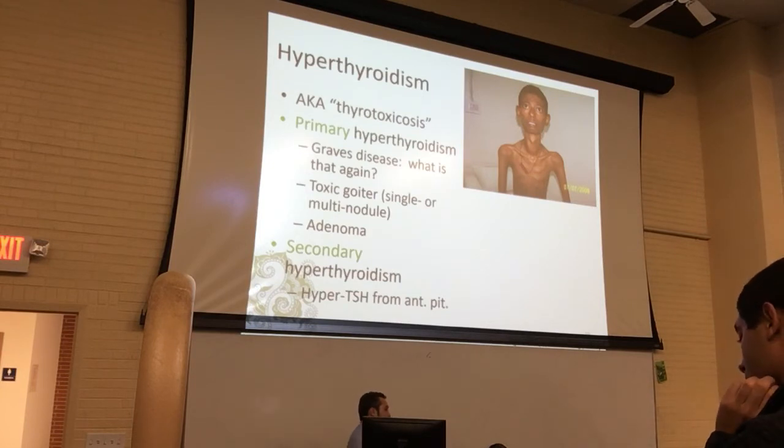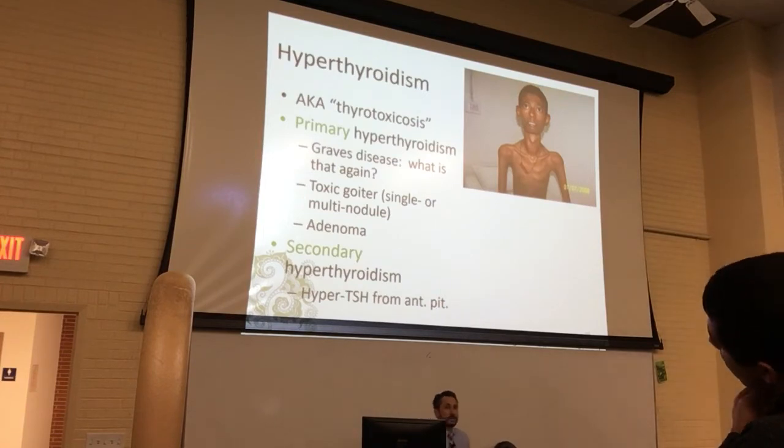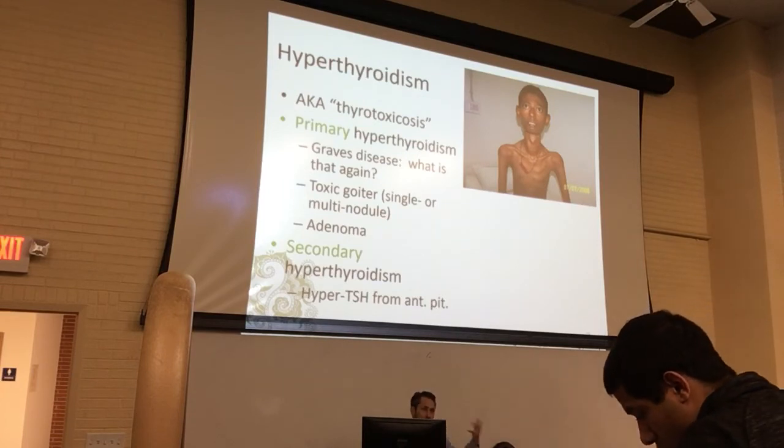Triiodothyronine is T3 and thyroxine is T4. Now you make more thyroxine than you make triiodothyronine, or T3, but T3 is much more biologically active than T4. But both of them come from the thyroid gland.